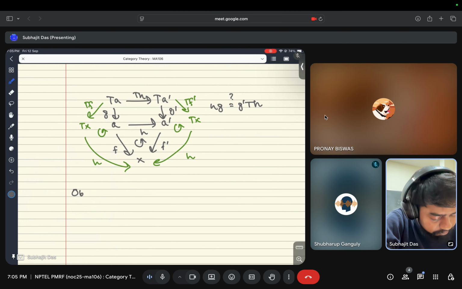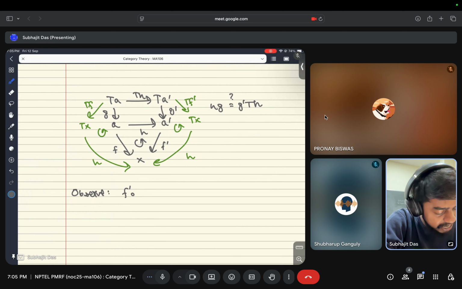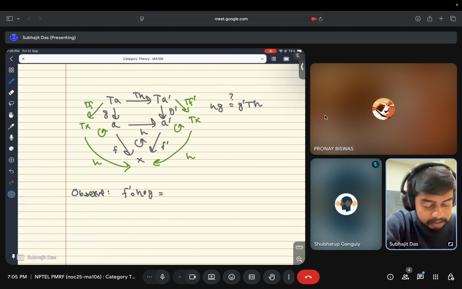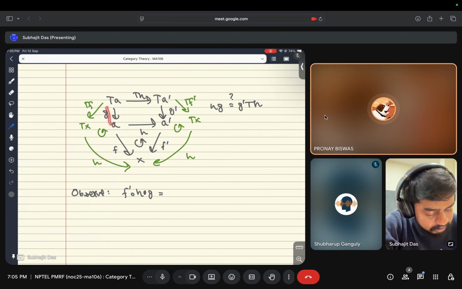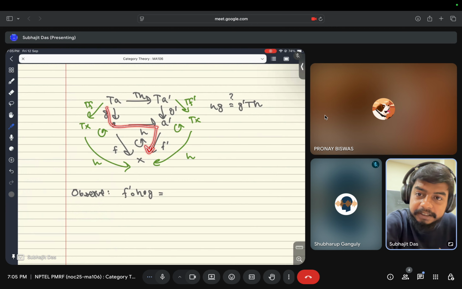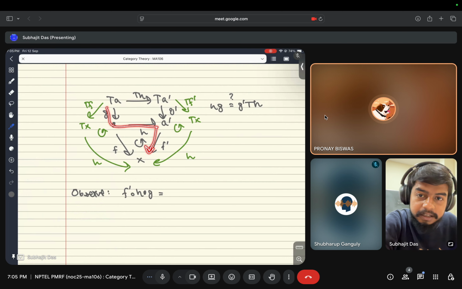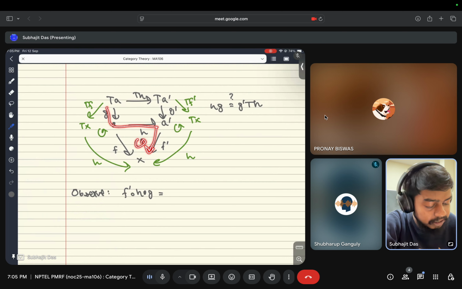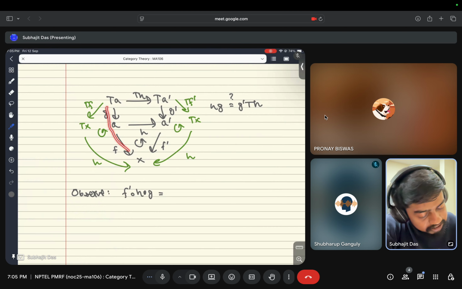So observe, what is F prime composed H composed G? Since the triangle commutes, we can write this path as this, right?